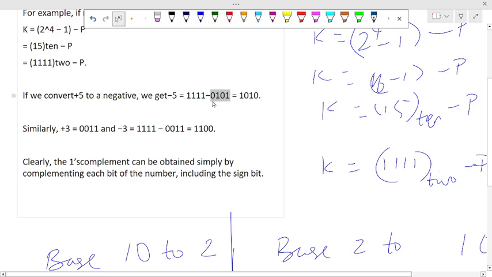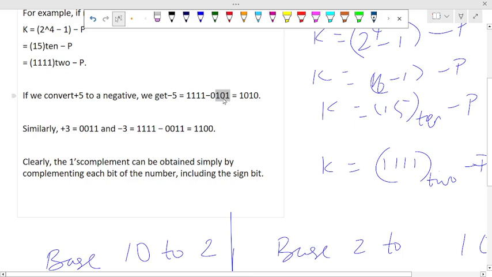Because it's 4 bits, I mean 1, 2, 3, 4. And we said for 4 bits, we use 3 as the magnitude. This left one is the sign, whether it's plus or minus. And if it's 0, it is plus. So this is exactly plus 5 in base 2. So we minus what? The positive of the number.